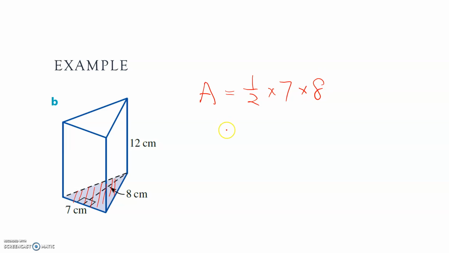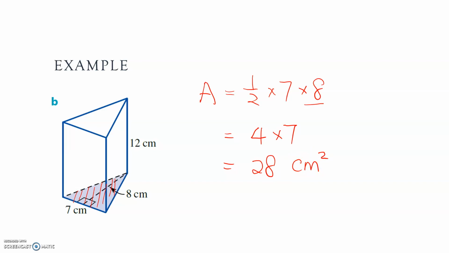Now, if we do the calculation, sometimes it will be easier to do a half times 8 first. So a half times 8 will give us 4, and then we can multiply by 7, and in this way, we will get 28. Now remember, for the area, we will need to have the unit, which is centimeters squared.